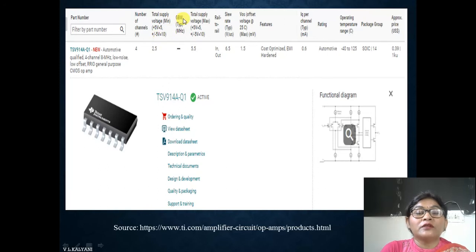Gain bandwidth, this is the total supply voltage. This is rail to rail, slew rate type, that is 6.5 volt. These are the offset voltage ranges, and these are the features, rating, operating temperature range, package type, etc. So all this information is provided by the manufacturer.